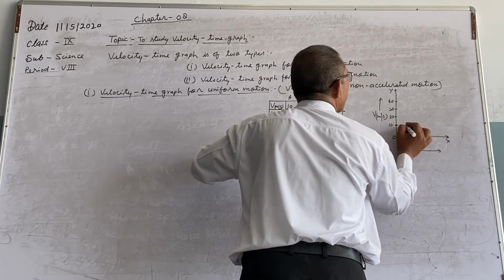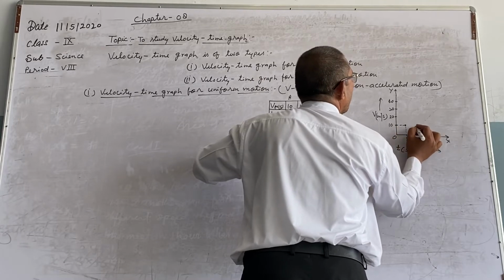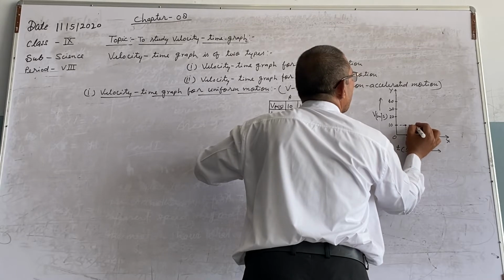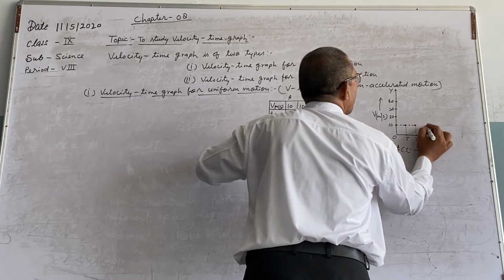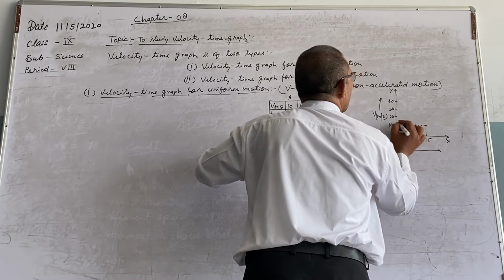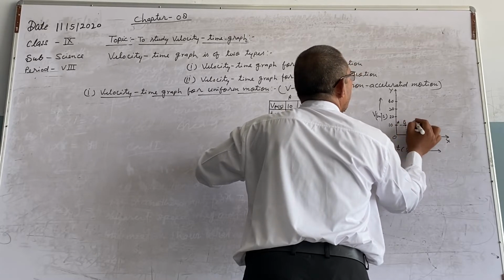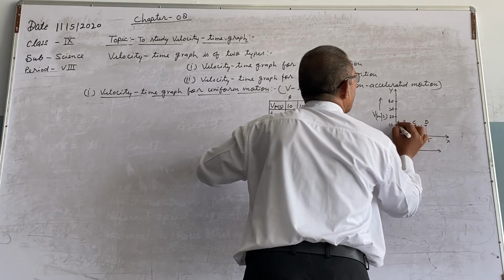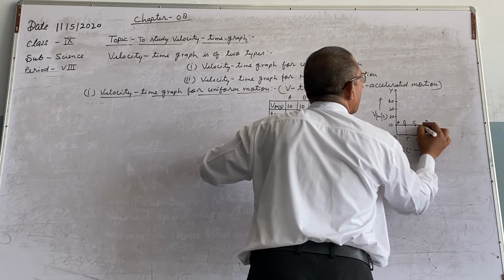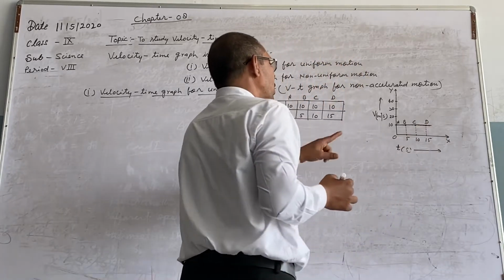After 5 second, velocity is 10, and after time 10 second, velocity is 10. Again, after time 15 second, velocity is 10. So this is point A, B, C, and this one D. Join them, you will get a straight line parallel to time axis.